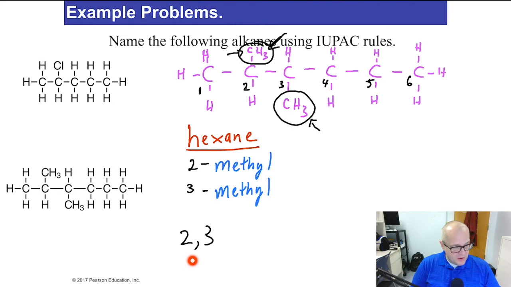Numbers are separated via comma. 2, 3. That's how you write it. Then a dash. Now there's 2 of the same substituent, so we have to indicate that in the name. Dash di, because there's 2 of them. Methyl.